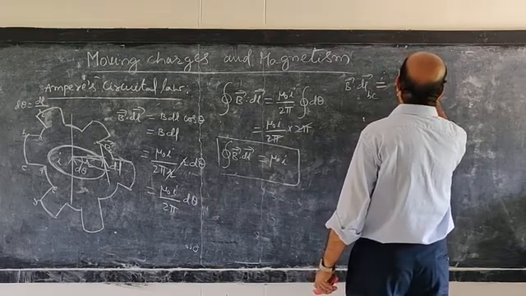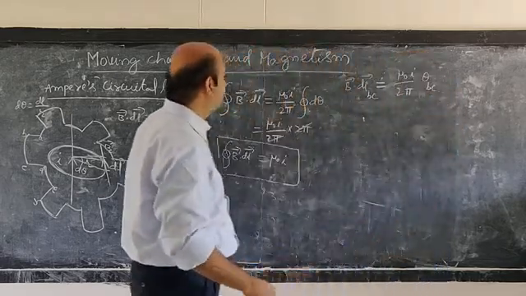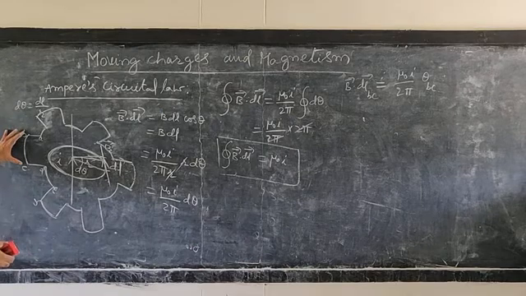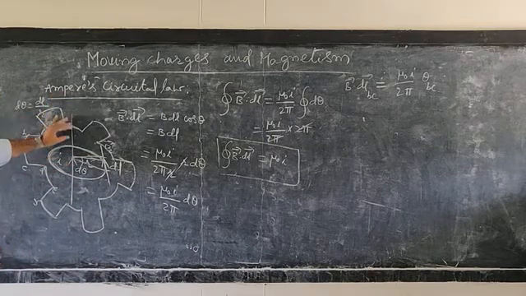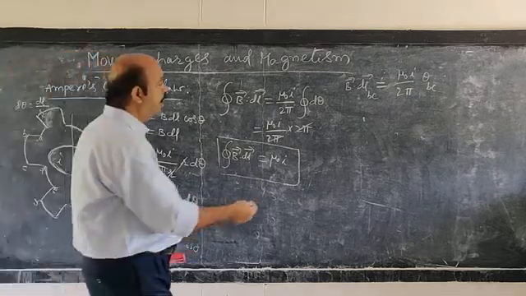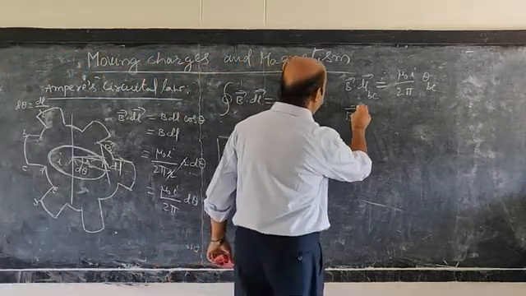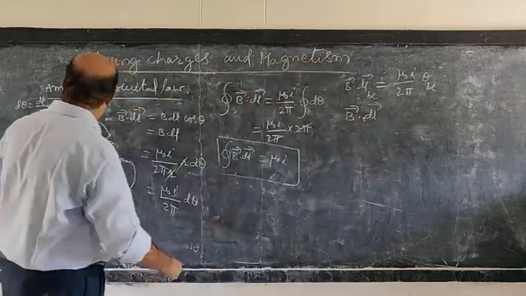Let it make an angle of some theta BC. So let us assume that this arc part is making an angle at the center of the current carrying conductor, some theta BC.